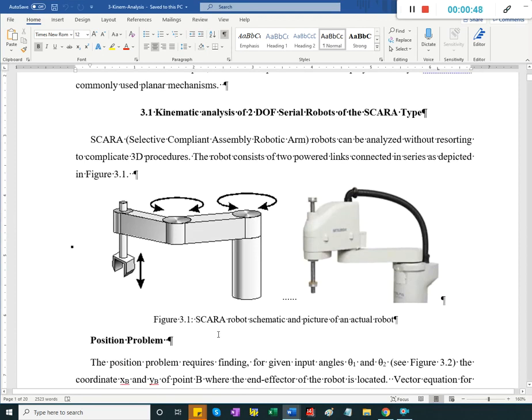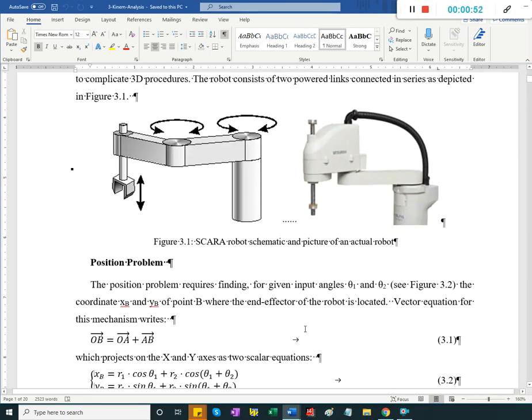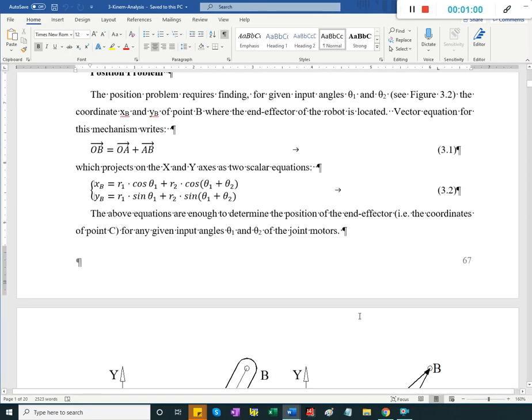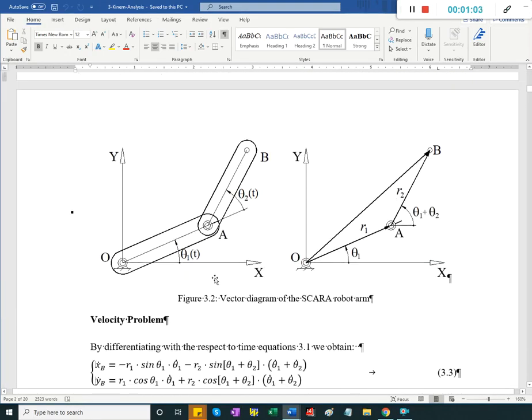We're looking here at what is called a scalar robot, and if you look from above and ignore the z-axis degree of freedom, we can model it like so. So about a fixed reference frame, x, O, y, and of course we're given OA and AB.